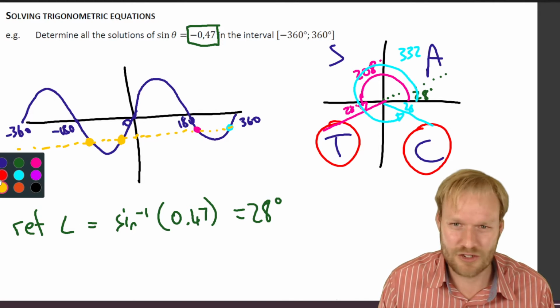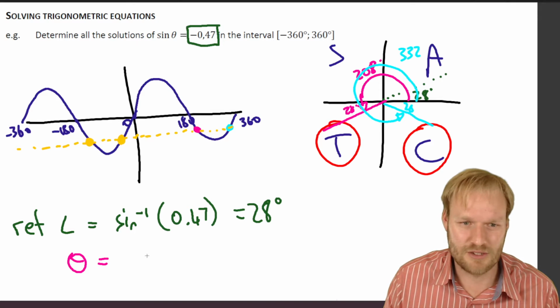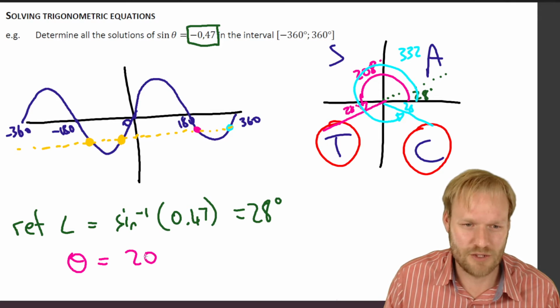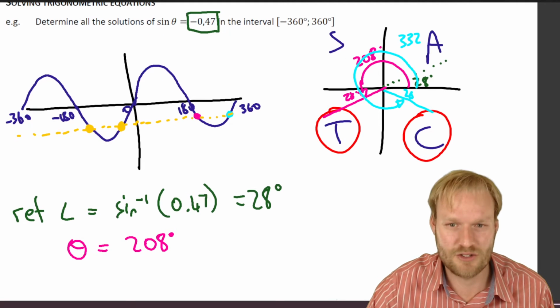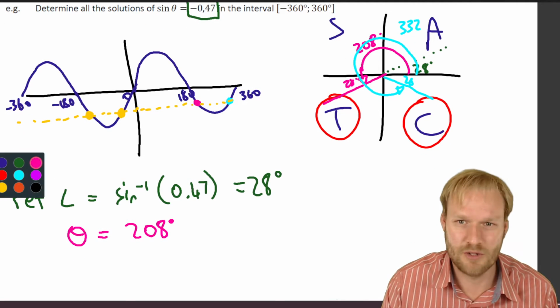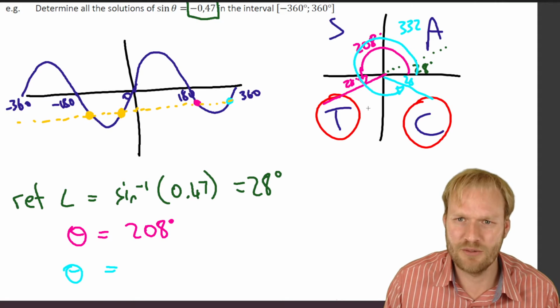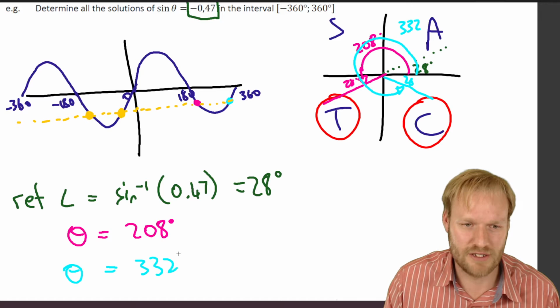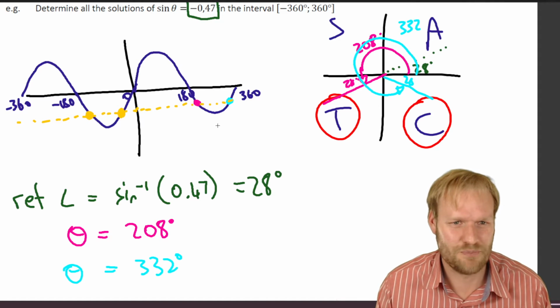We've got our 2 solutions. Let's jot them down here. Theta equals 208 degrees, or theta equals 332 degrees. We needed our CAST diagram or some sort of idea to get those 2.